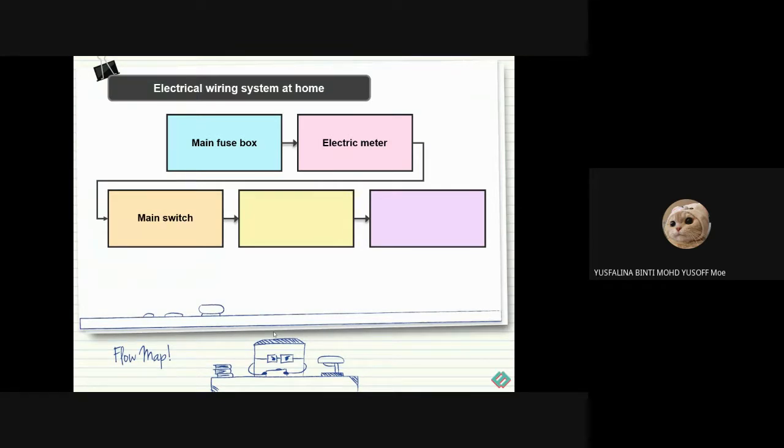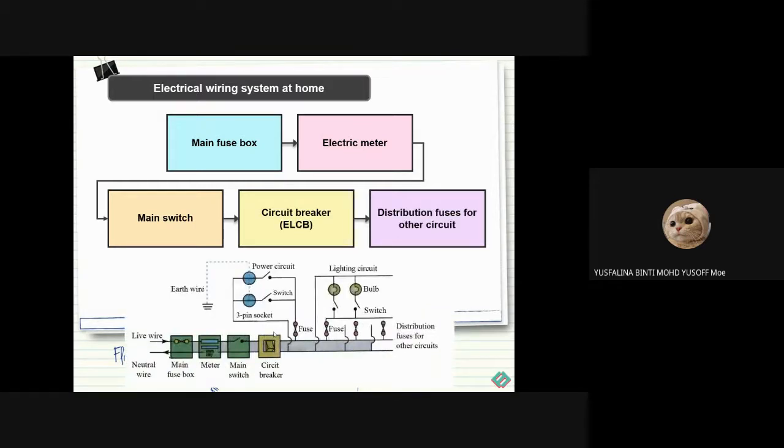After the main switch we have a circuit breaker, and we have the distribution fuses for other circuits. This is the main switch, and this is the meter. This is the main fuse box. And the wires: this is a live wire, and a neutral wire.